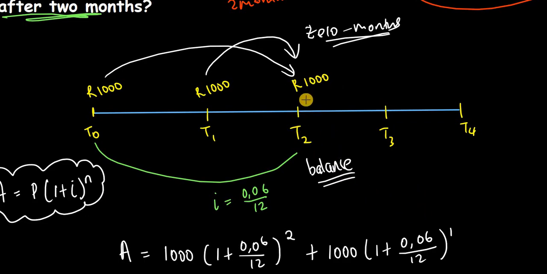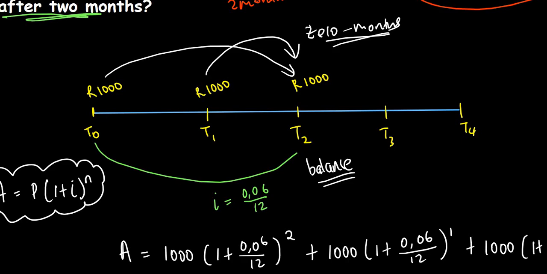So you say 1,000 into 1 plus 0.06 over 12 to the power of 0. The 0 here tells us that it stays for 0 months.